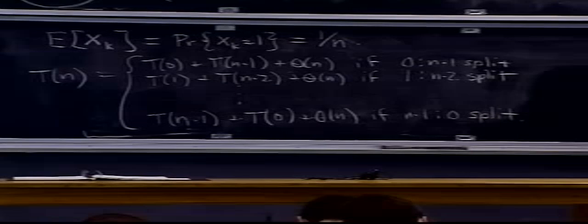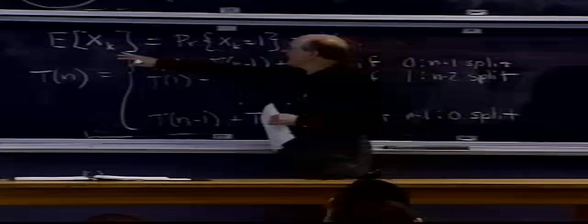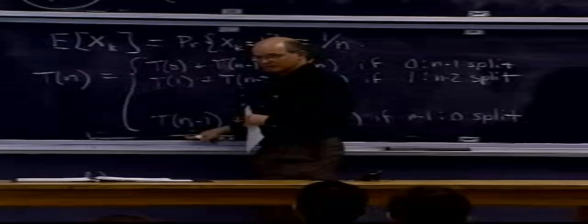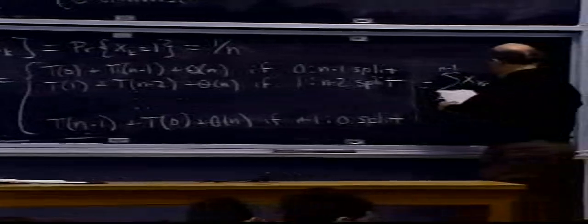Now this is where the indicator random variables are very helpful, because I have an indicator that tells me which of these things occurs. And so I claim this whole thing is equal to the sum from k equals 0 to n minus 1 of X_k times (T(k) plus T(n minus k minus 1) plus Theta(n)).